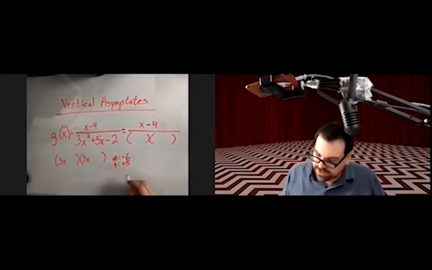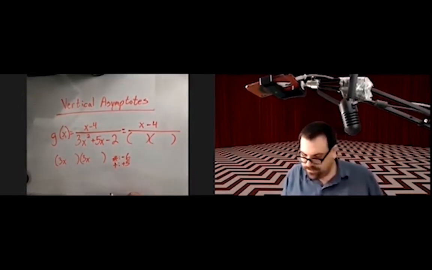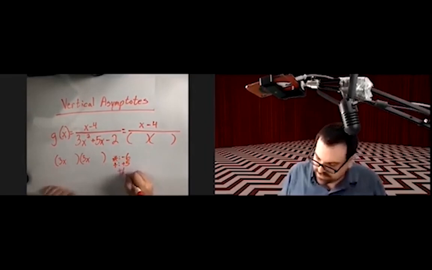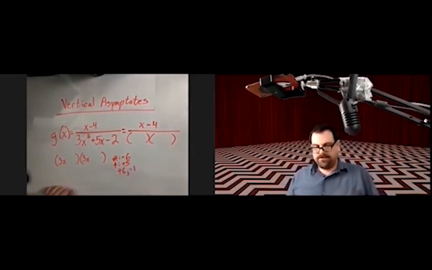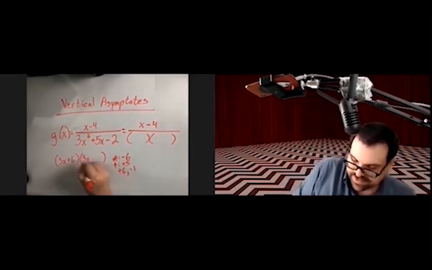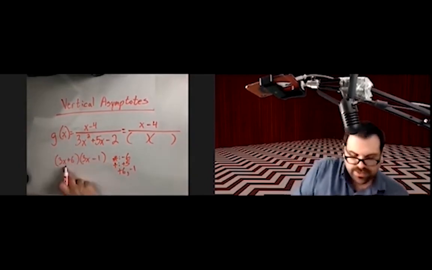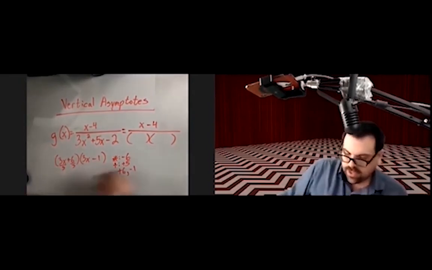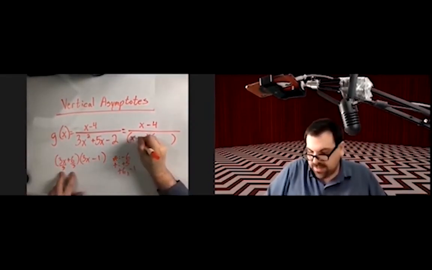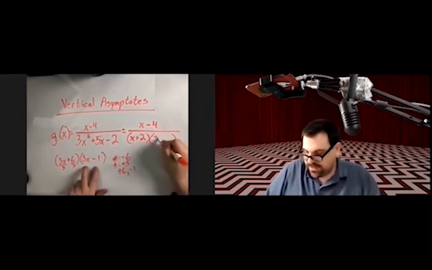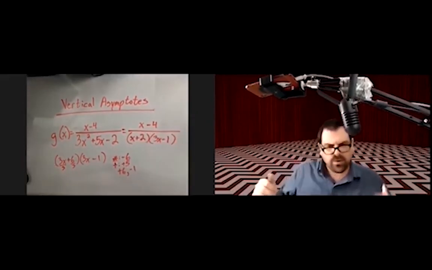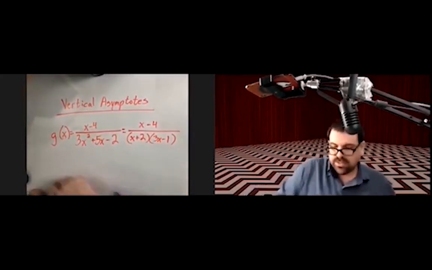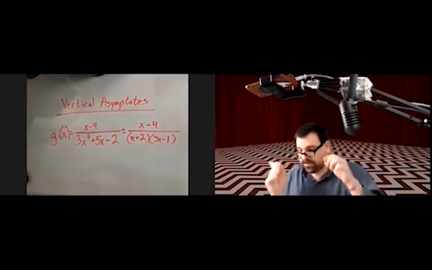These numbers would be positive 6 and negative 1. So I'm going to put in plus 6 minus 1. The corrective step would happen here, dividing both by 3. That gives us x plus 2 times 3x minus 1, or whatever your preferred way of factoring is, but you will need to be able to factor that.